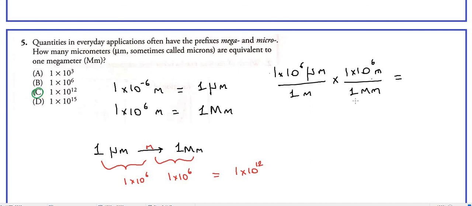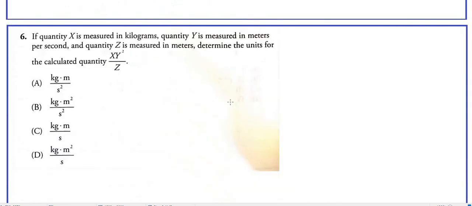Now we're going to simplify this. Here we would like to obtain micrometer over megameter. So meter cancels meter, and the numbers will be 1 times 10 to the 6 times 1 times 10 to the 6, which will be 1 times 10 to the 12th over 1, and micron over megameter. Question number 6.